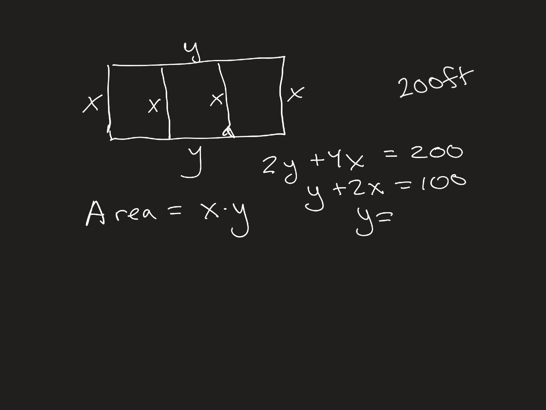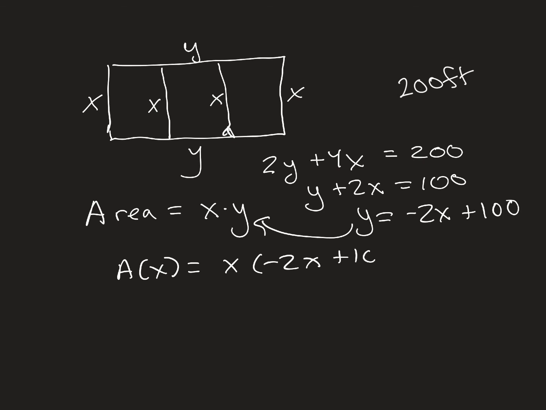Let's solve for y in terms of x, because then I can substitute in for y here, and that allows me to have an area equation only in terms of one variable. And you should notice, if you FOIL this out, that, oh good, the quadratic representing the area opens down, since the a value, the leading coefficient, is negative. So this indeed will have a max.